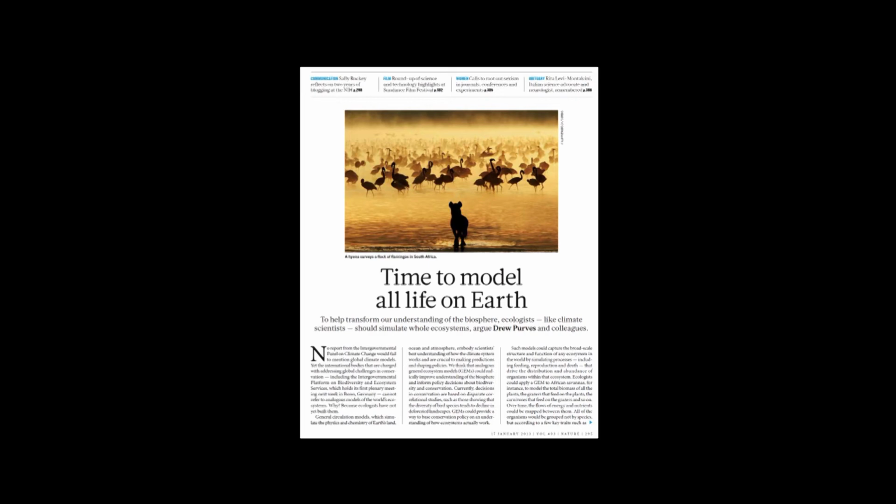The initial instantiation of this model was announced just about a year ago, and caught the attention of Nature. This is a comment piece in Nature, and it really is time to model all life on Earth if we're going to try and understand the problems that we face in terms of what we're doing to the planet.